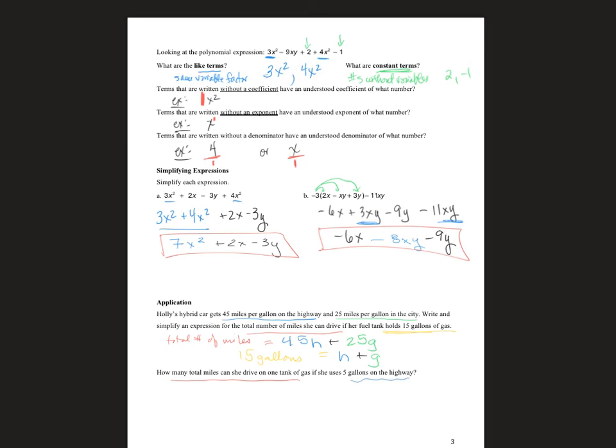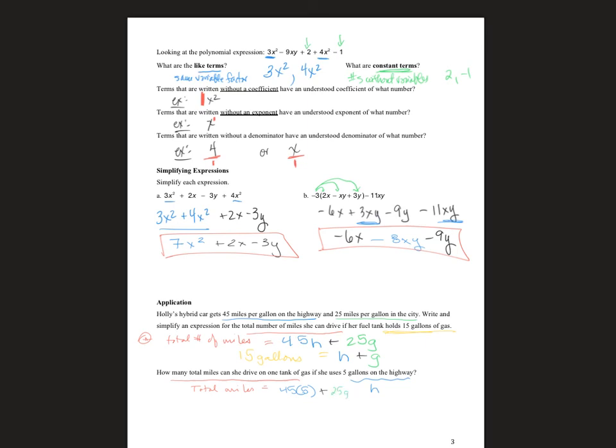So this represents what? Our H. So if I use the first expression for the total number of miles, remember the total number of miles equals 45 times H in this case, which is 5, plus 25G.